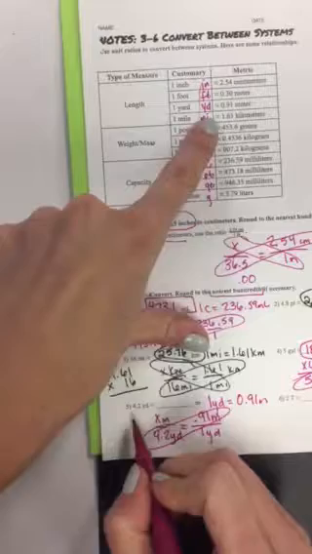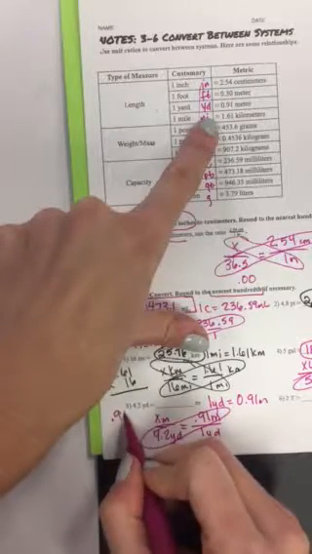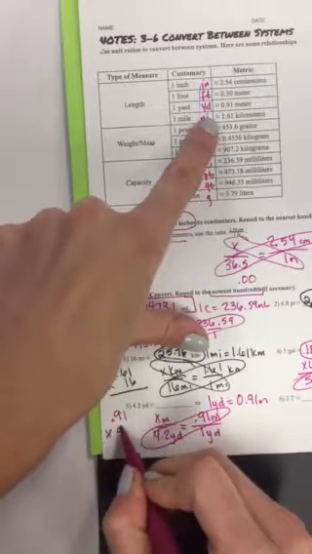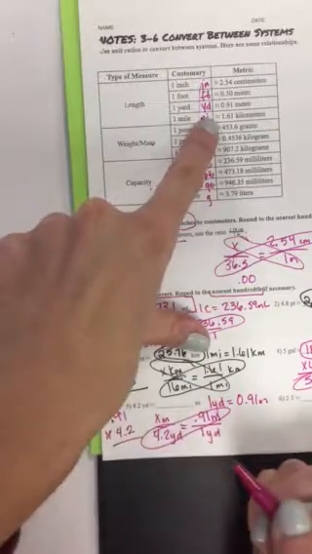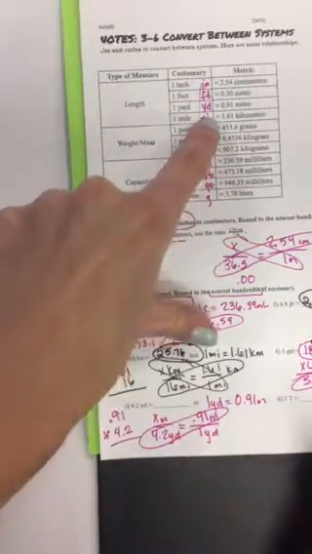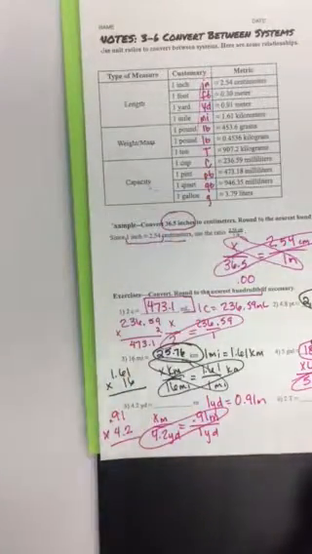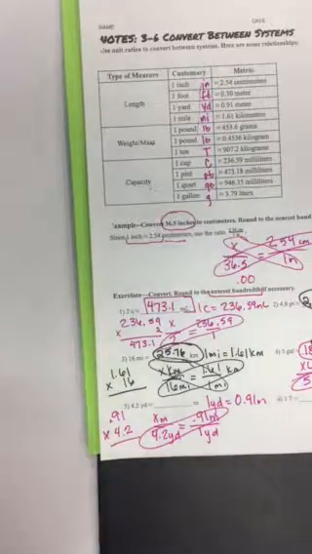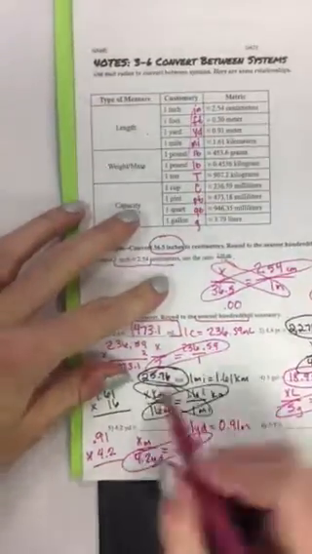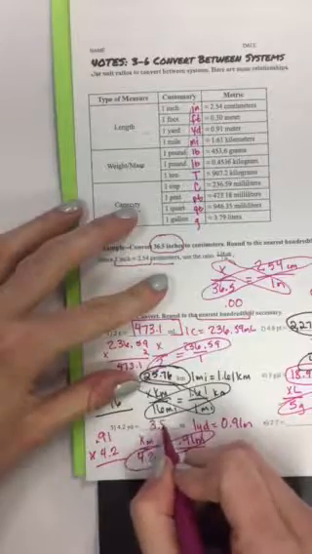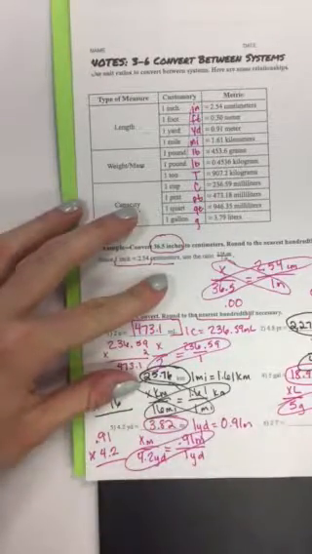So we're multiplying 0.91 times 4.2. That should give you 3.82 meters.